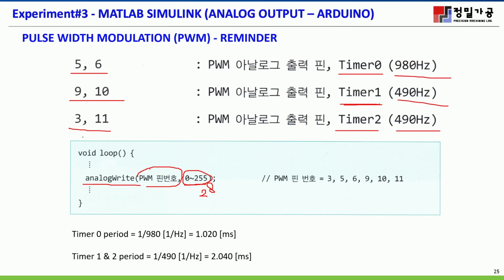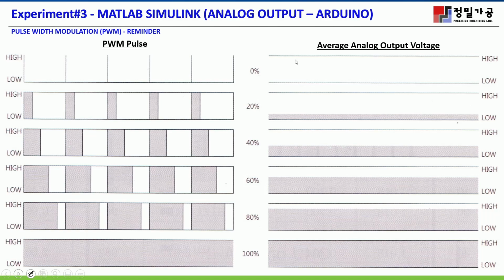In Matlab, we have another diagram block. We call it pulse width modulation. Okay, I just remind you of this kind of pulse width modulation. This one is the pulse width modulation output signal, respectively using duty cycle 0%, 20%, 40%, 60%, 80% and 100%, which gives the average analog output voltage.